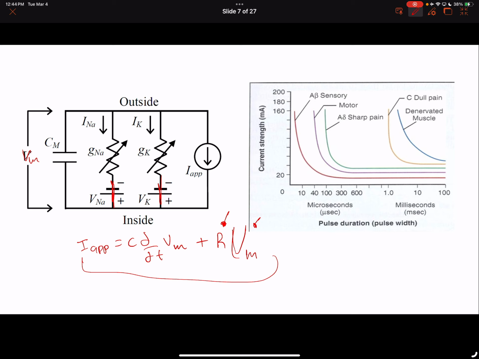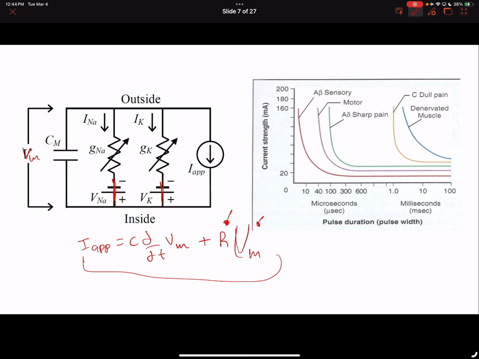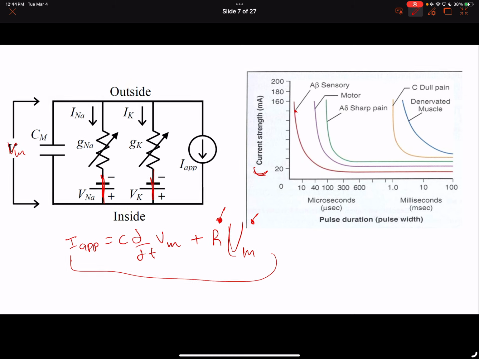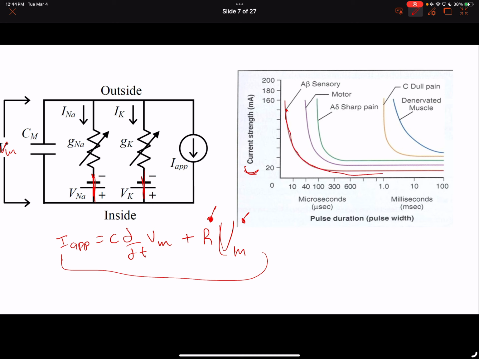Depending on the value of these resistances, that determines how much current you need to actually elicit a response, and in addition, how much time you need to keep that on. Remember that our solution for this is going to be e to the negative t over RC.